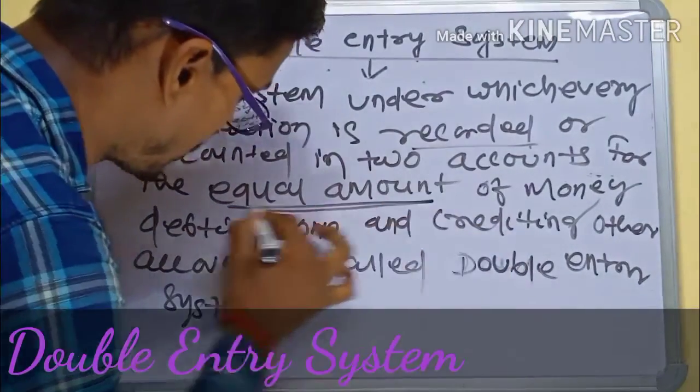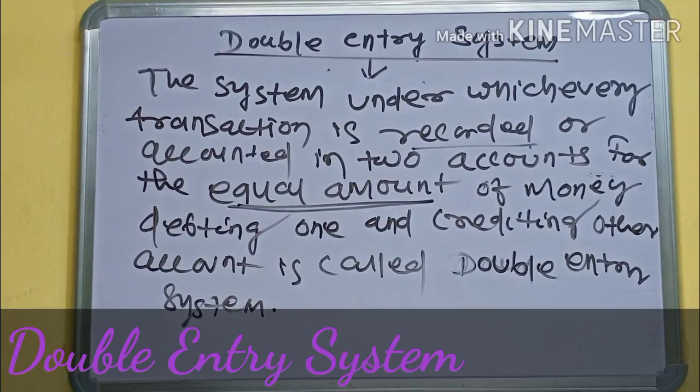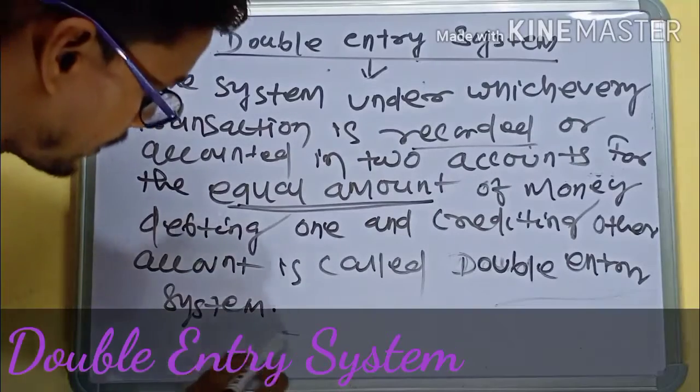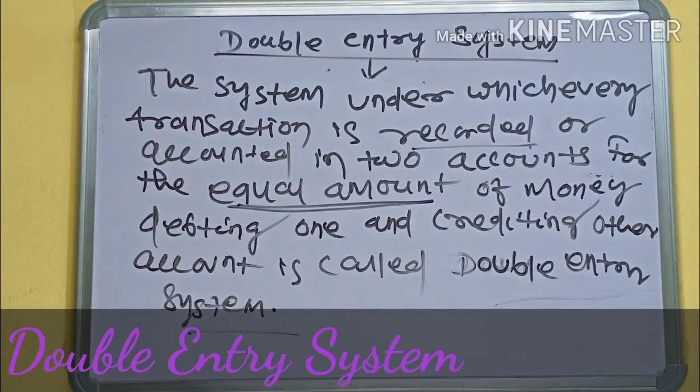It is very important that the amount is equal, not different. It affects two accounts, but the same amount must be placed, with no difference in the amount of money, debiting one and crediting the other. One is debit and another is credit. This is called the double entry system.